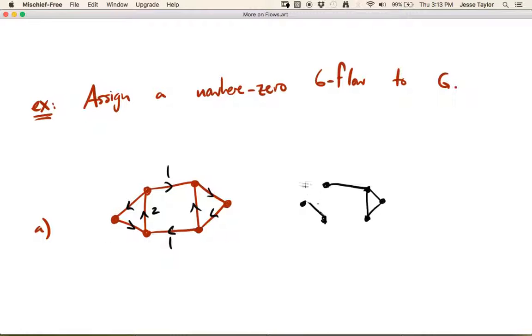So if I say, do this edge, now I'm looking at these 3 edges, and the net flow across those 3 should be 0. Well, right now, I have 1 moving to this piece, and I have 2 moving to this piece, which means that this should be a 1. Okay, and it is.